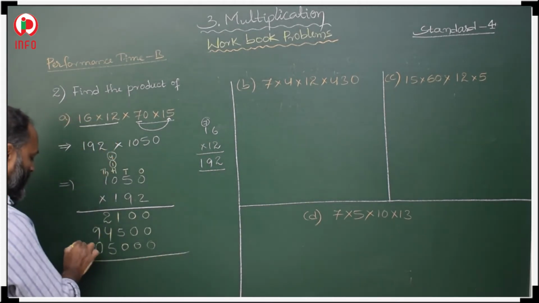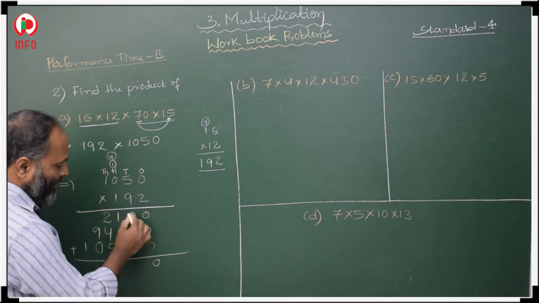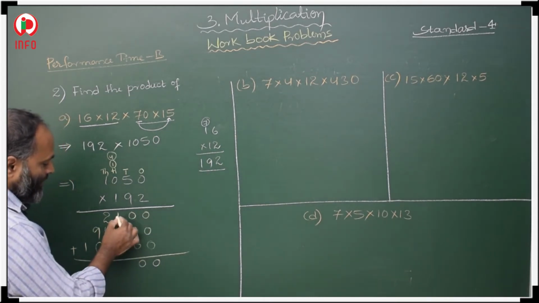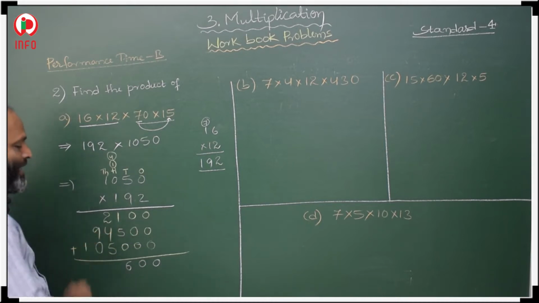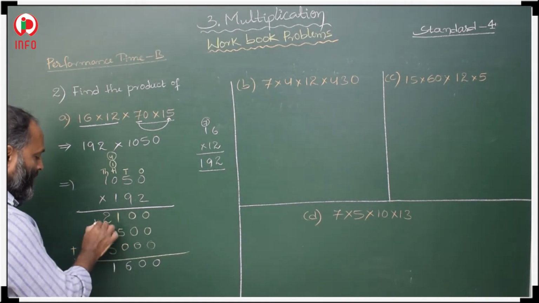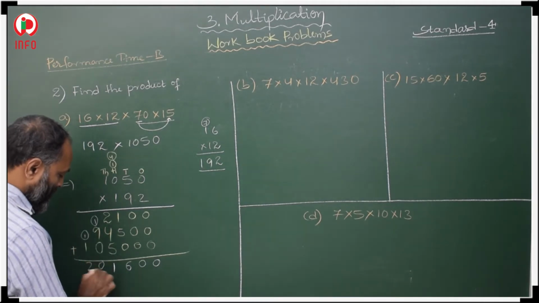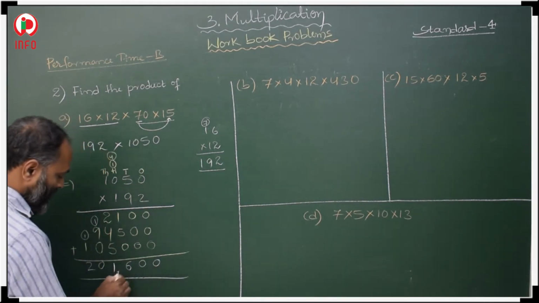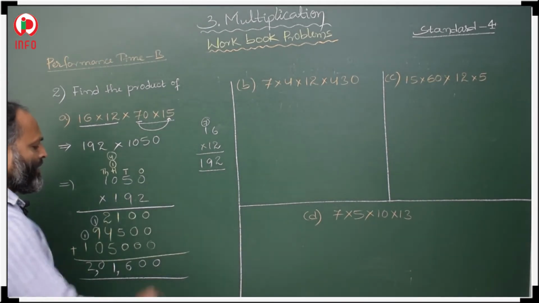Now you add. All zeros, so 0. 1 plus 5 is 6, 6 plus 0 is 6. 2 plus 4 is 6, 6 plus 5 is 11. 1 here and 1 carried. 9 plus 1 is 10, 1 here. 1 plus 1 is 2. That is 2 lakhs 1000.